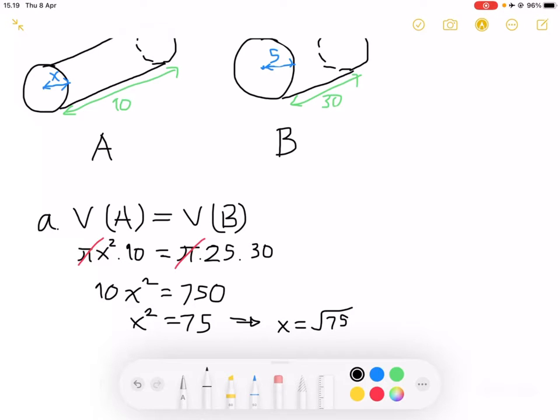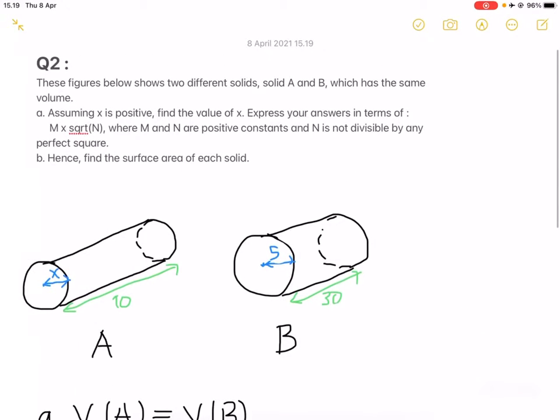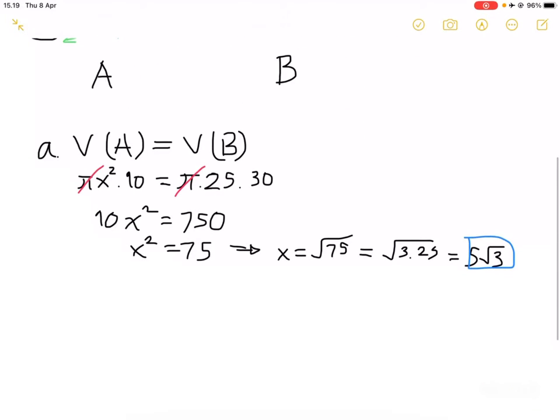And we can simplify this by noticing that we can rewrite 75 as 3 times 25, and we know 25 is a perfect square, so we can extract that out of the square root. So we have 5 times square root of 3, which is our desired form in our question, which is m times square root of n. So that is it.